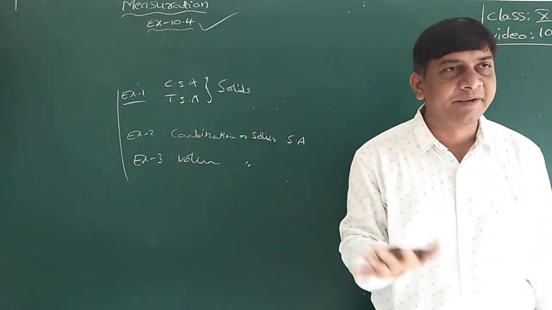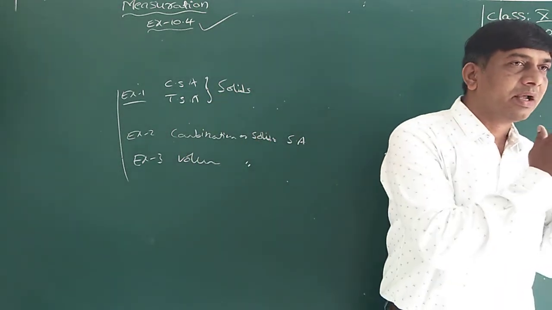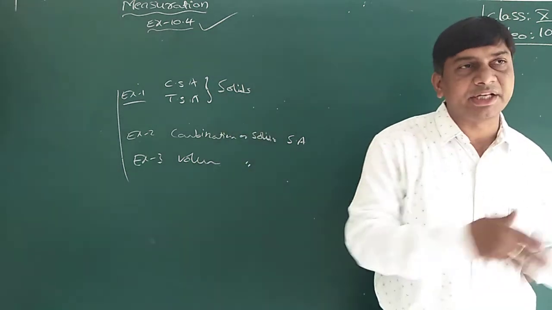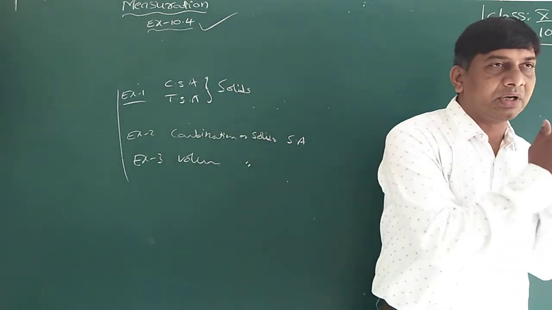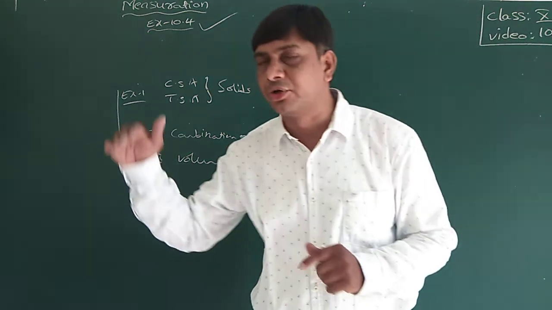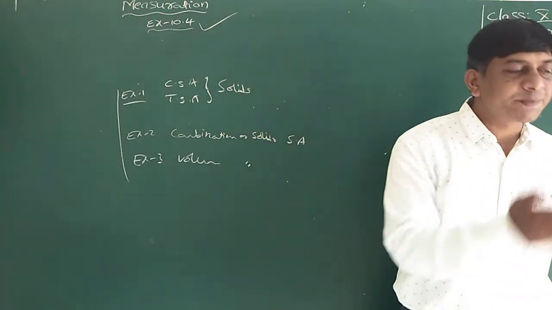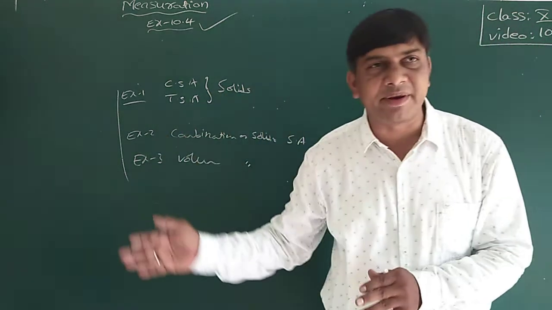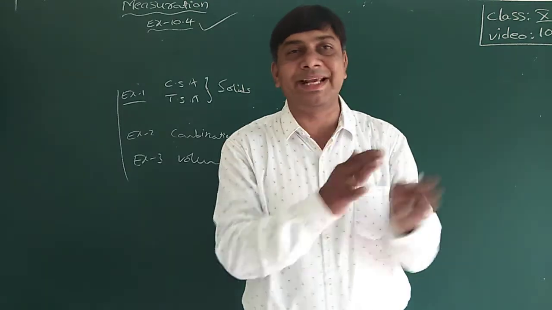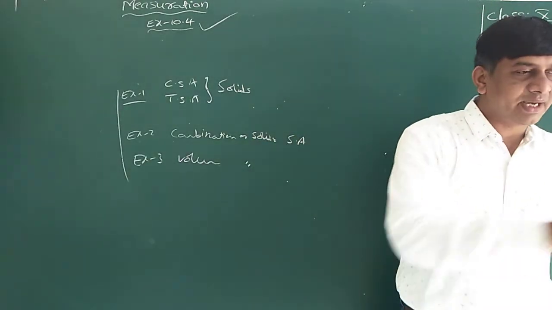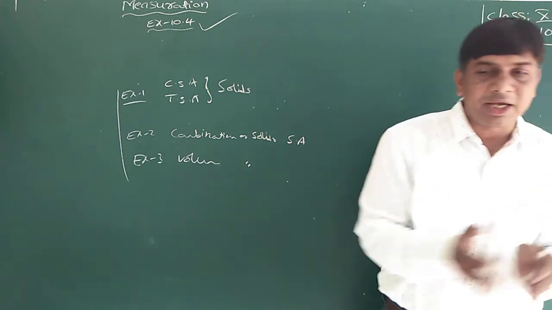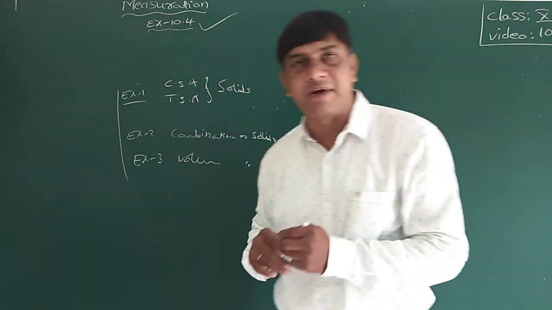Keep it in mind for any question, whether from the textbook or beyond it. Suppose there is one sphere and I ask you to convert it into a cuboid. That means the sphere's volume and the cuboid's volume are the same, because you are not using any additional material. Whatever material is available in the sphere, the same you use in the cuboid form.